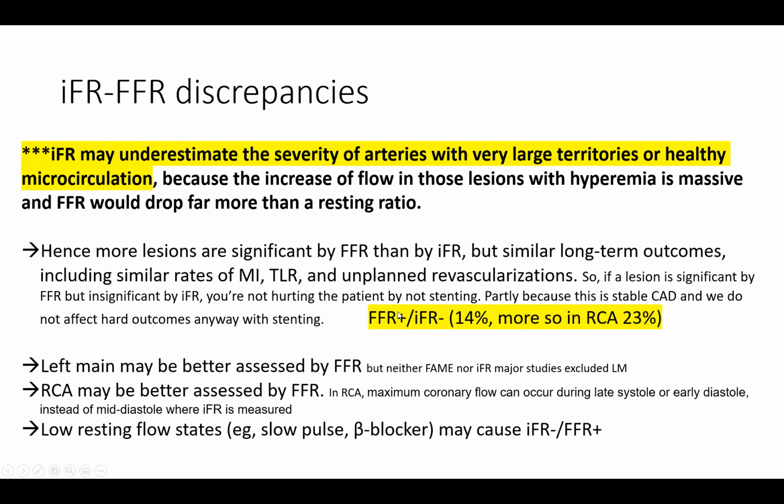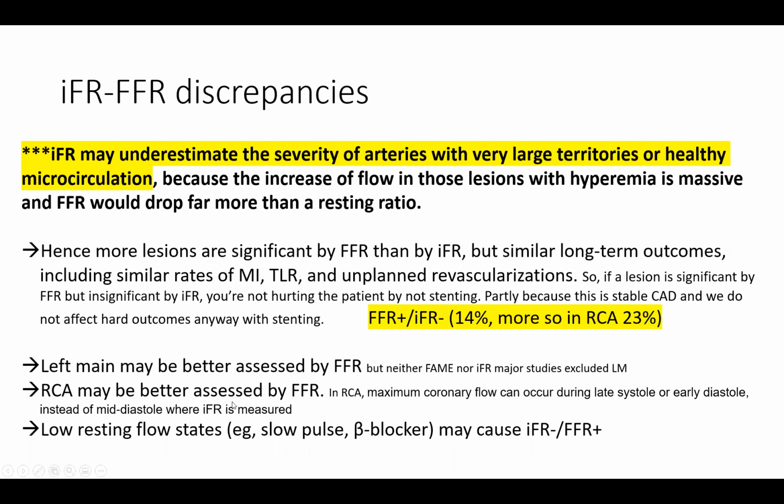And that discrepancy, FFR positive and iFR negative, was shown to be around 14% in a study called FIGARO. It's more in some other trials, up to 20%. And it's more so in the RCA than in the left coronary, with a 23% discrepancy, meaning iFR more frequently underestimates physiologic impairment in the RCA than in the left coronary.